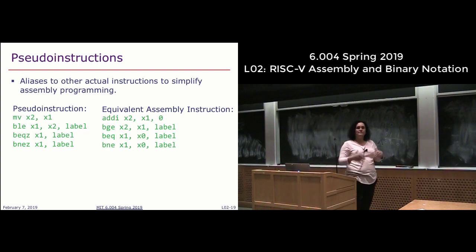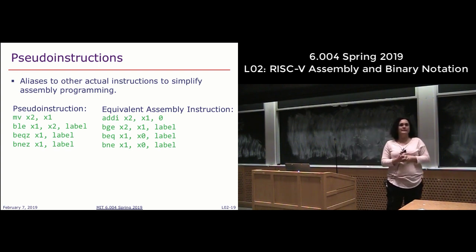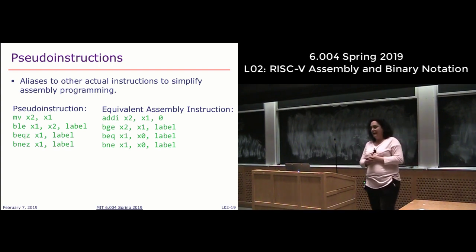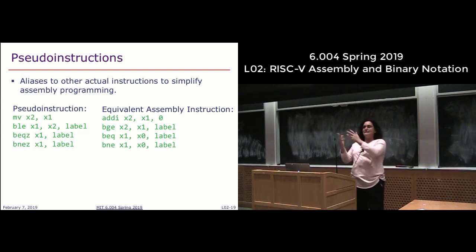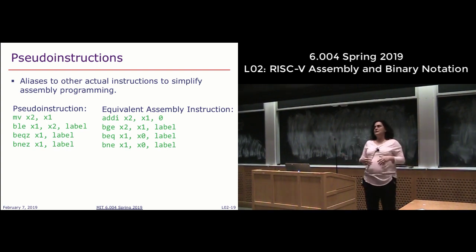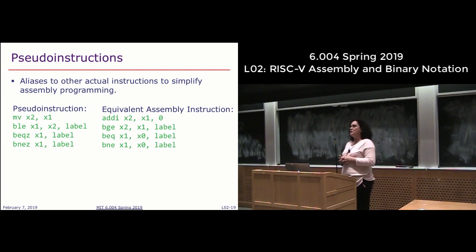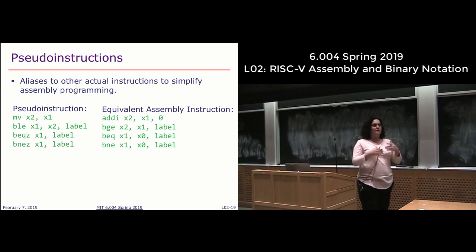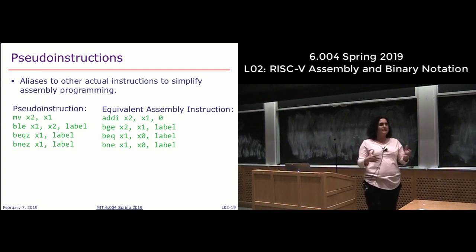So for example, we have this very convenient move instruction, which basically just says take the contents of register X1 and put them into X2. Well, I don't need to create an actual new operation that does this, because I can simply do an add-I operation of X1 with a constant 0, and I get exactly the same effect. Okay?